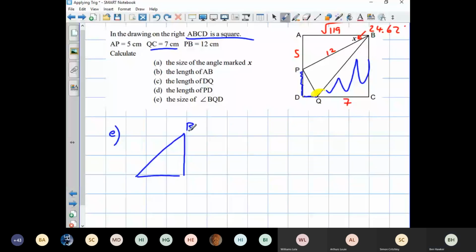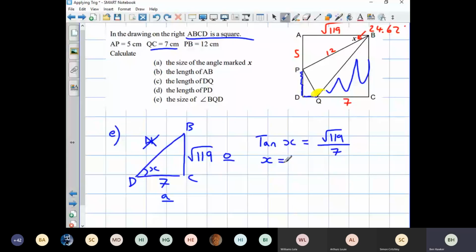I'm going to do this triangle here, B, C, and D. I know that this is 7 centimetres. I know that this is root 119, and I'm looking for this angle here. So I've got my hypotenuse, my opposite, and my adjacent. I've got these two. So I know that tan of x is equal to the opposite, root 119, divided by 7.